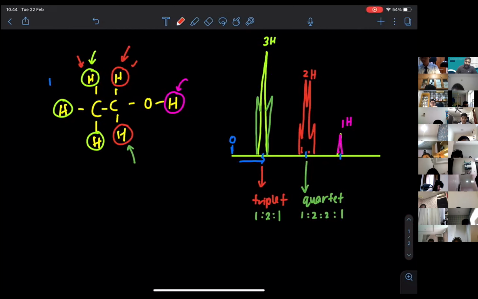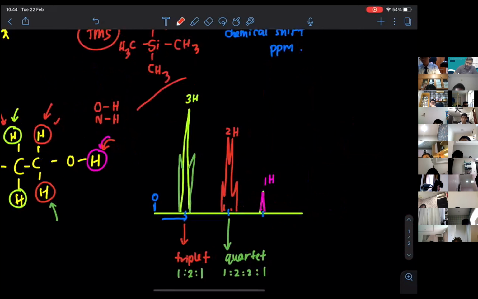And then the hydrogen attached to nitrogen and the hydrogen attached to O are always going to give you a single peak. Why single peak?